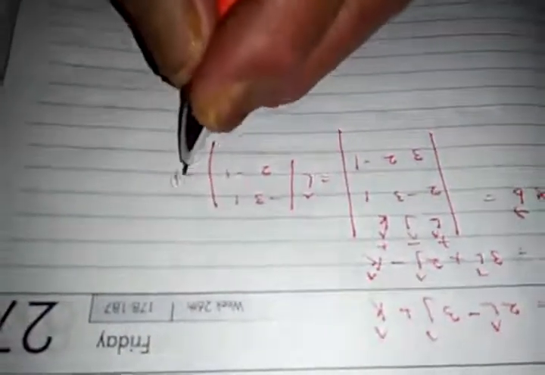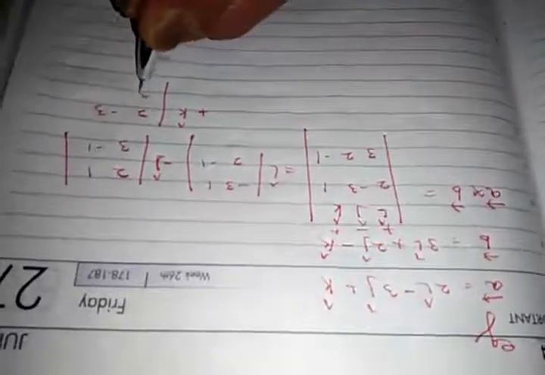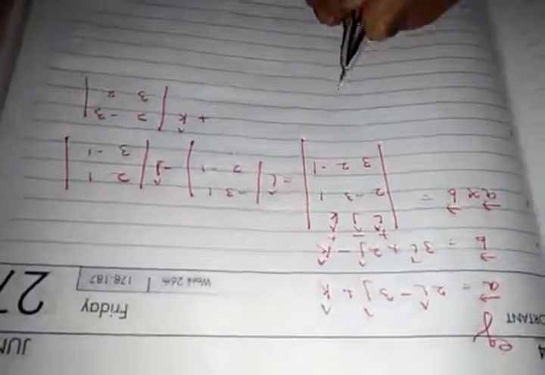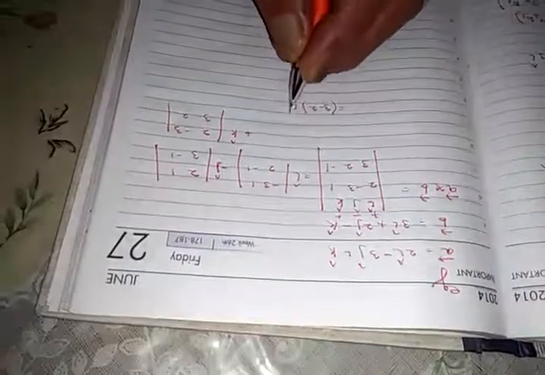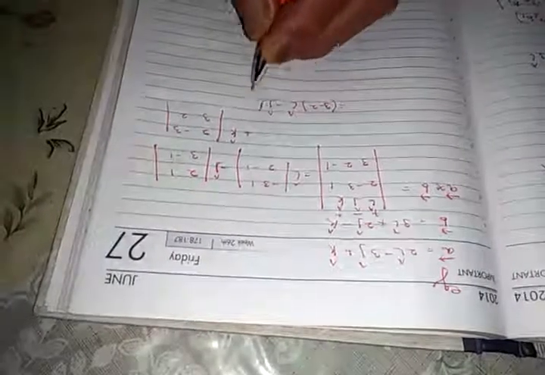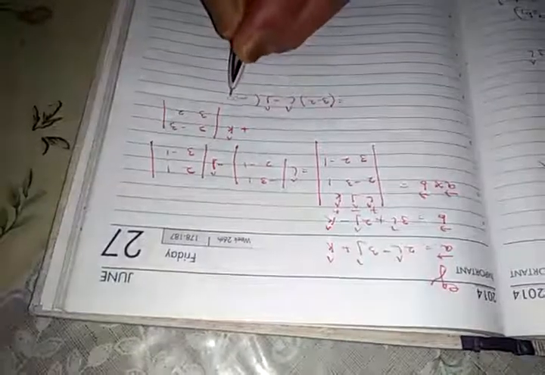For j, minus, drop the j column and row, leaving 2, 1 and 3, -1. Plus k: 2, -3 and 3, 2. So this is (3 minus 2) i minus j (-2 minus 3) plus k.